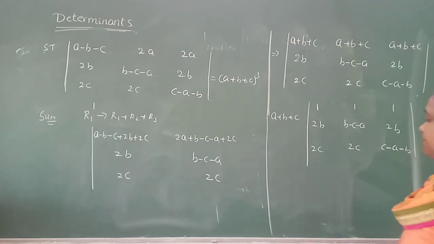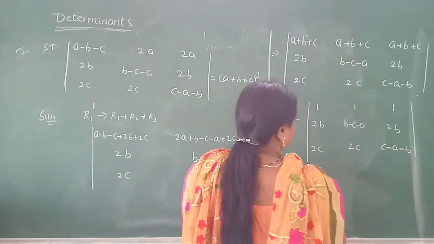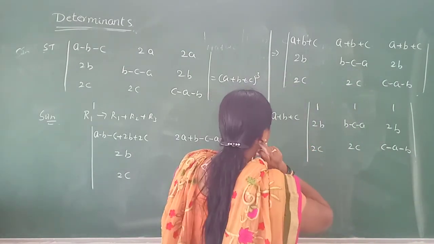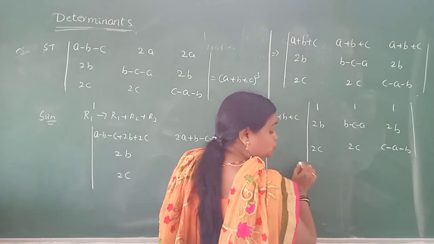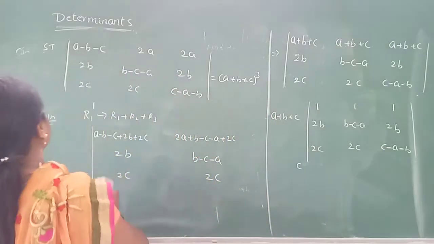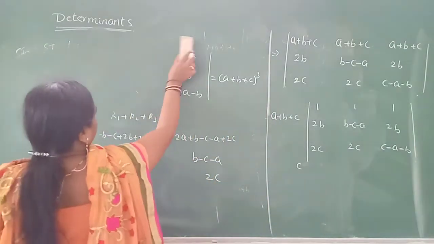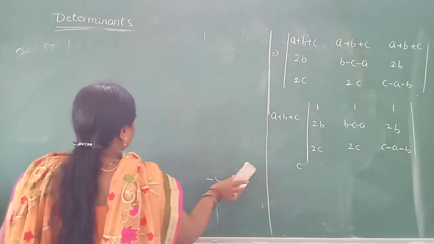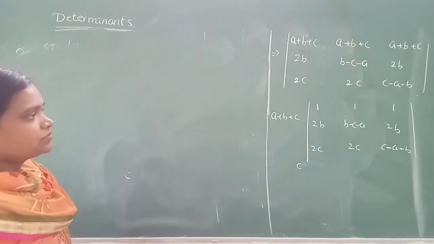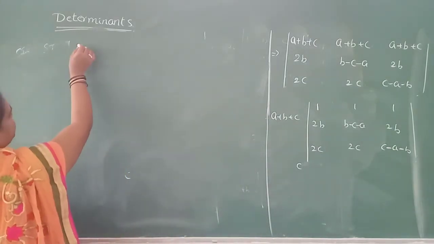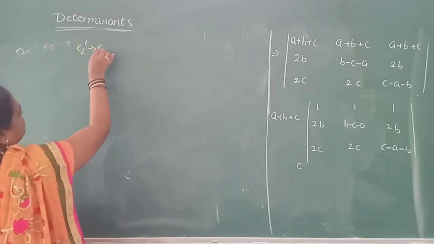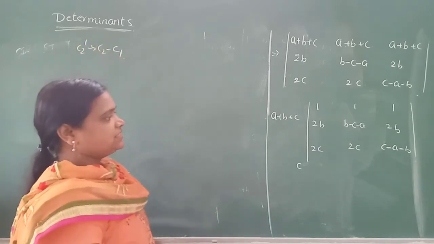Okay, means we can apply the operation. Just concentrate here. C2. Operation. You can do C2 to C2 minus C1 like this.